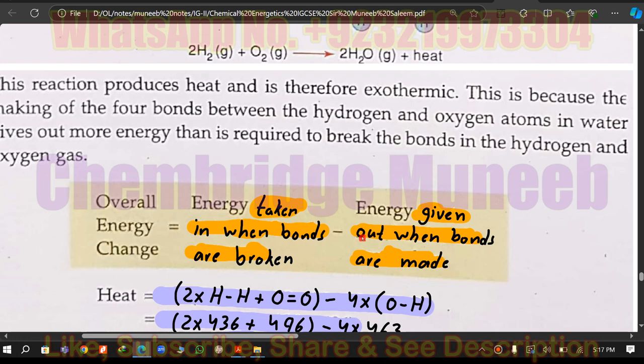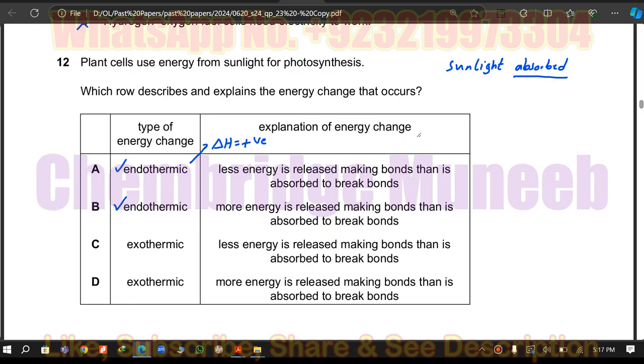To make it easier for you, I will simply write it as enthalpy change is equivalent to energy which is taken minus energy which is released or given out, or in the words according to the statement in the question, I will say it is absorbed minus released.